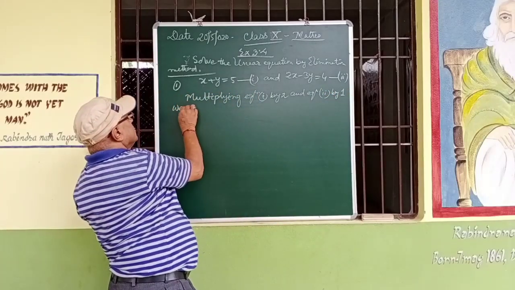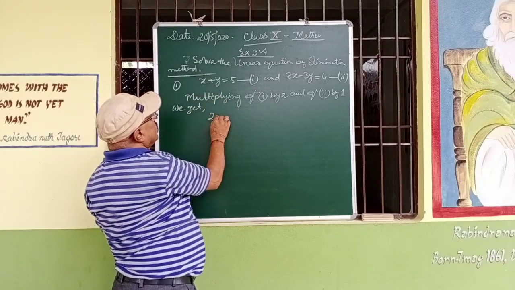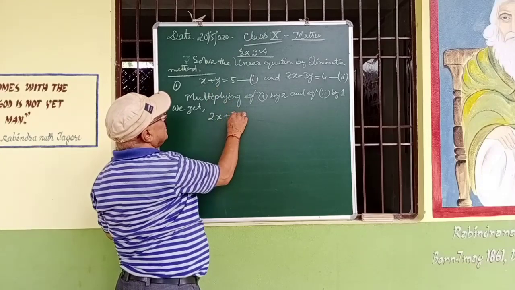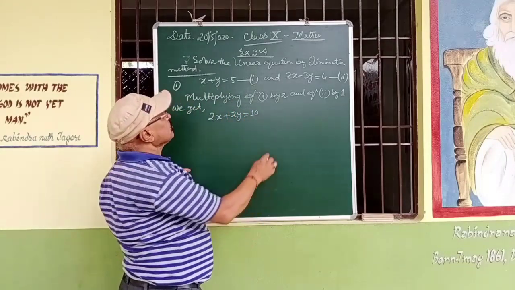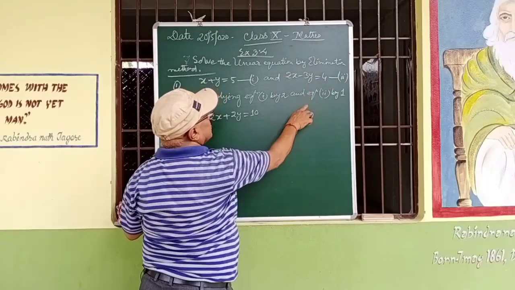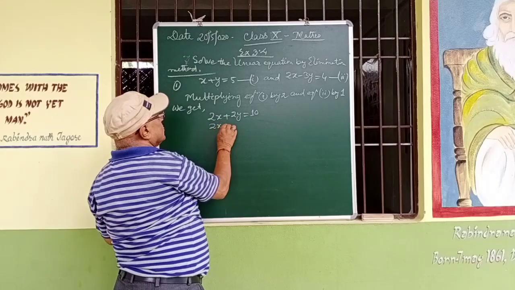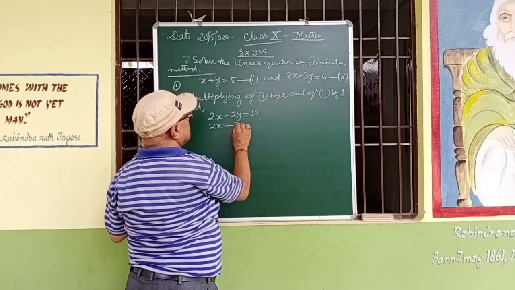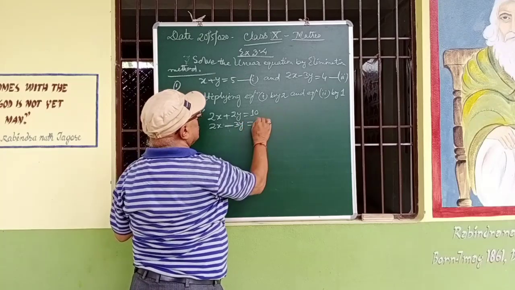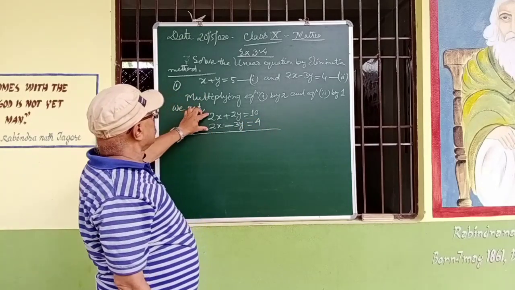We get 2x plus 2y is equal to 2 into 5, that is 10. Now this equation by 1, 2 into x, 2x minus 3y is equal to 4. Now we got these two equal.